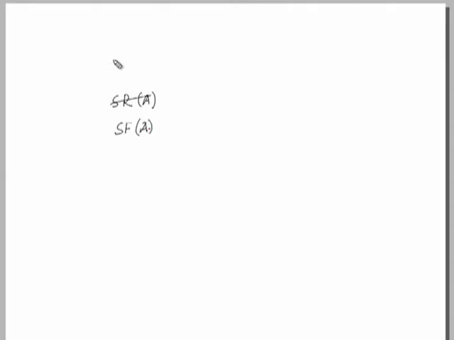So, SFA represents the surface finish obtainable by mechanism A, and SFB is the surface finish obtainable by mechanism B.